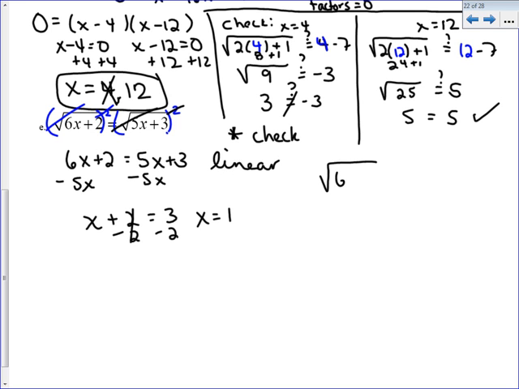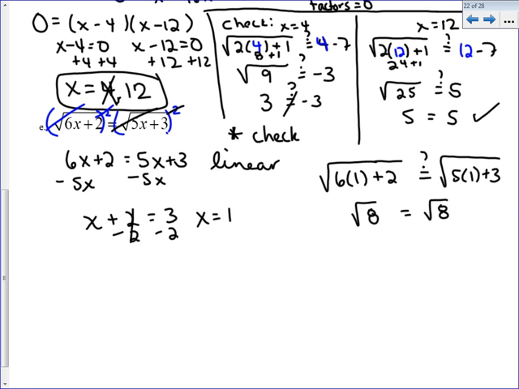So in both sides, in place of the x, we're going to substitute our 1. And we're going to see if these work out to be the same. On the left side, I have 6 times 1 plus 2. It's all under the square root, so it's the square root of 8. On the right side, 5 times 1 is 5, plus 3 is 8.